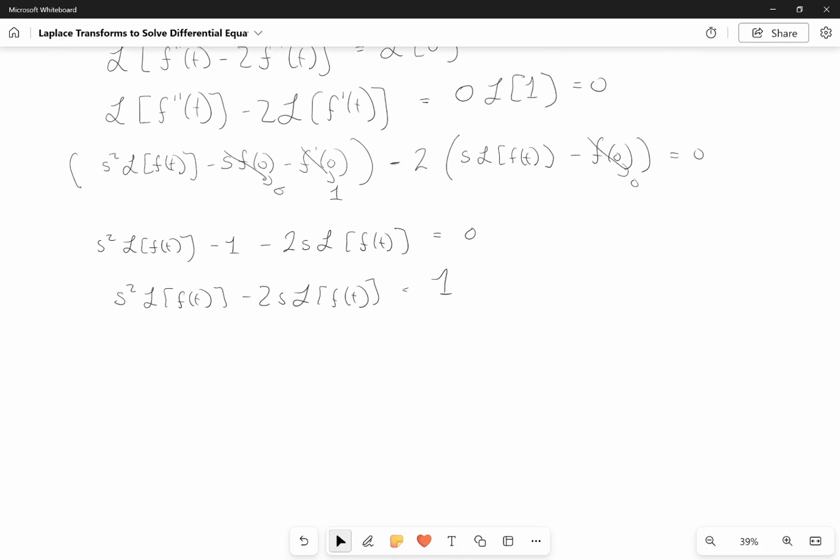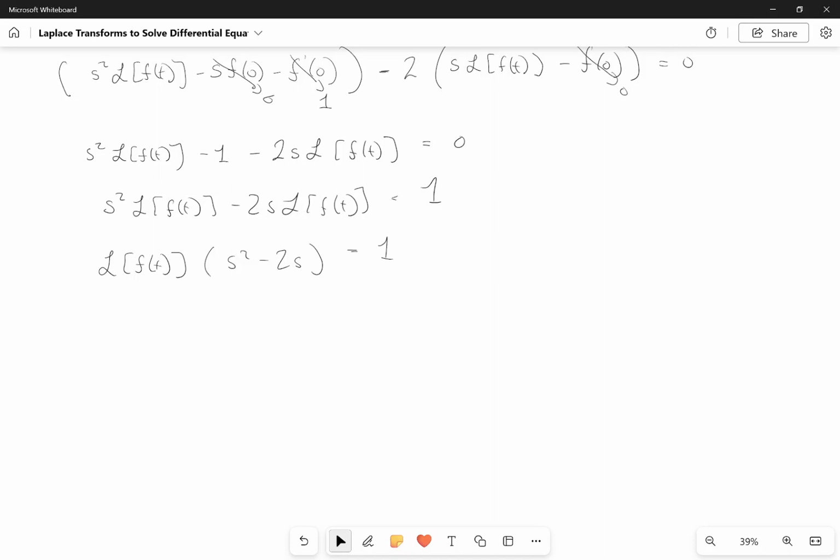And I can factor out the Laplace. I have Laplace of f of t from both of them times s squared minus 2s is equal to 1. Awesome. Now, what I can say here is that the Laplace of the function is equal to 1 over s squared minus 2s.